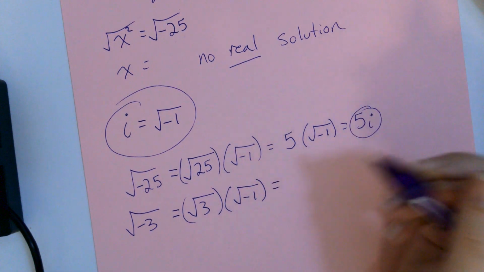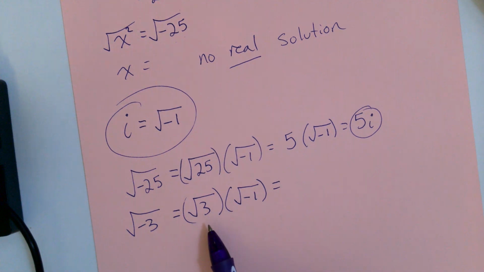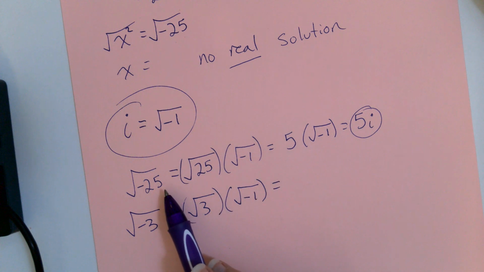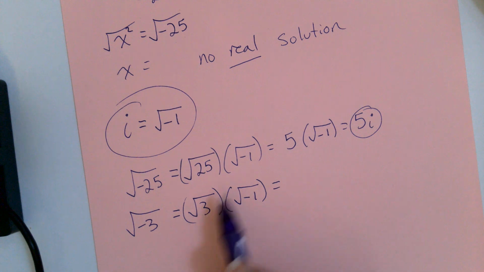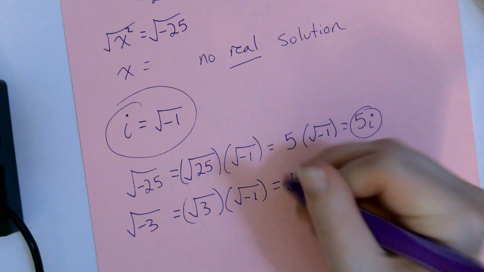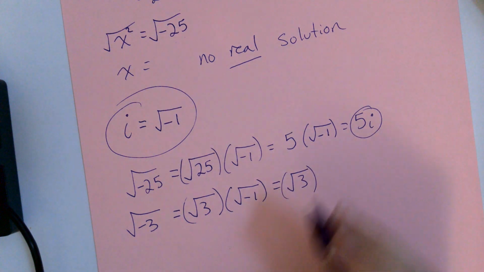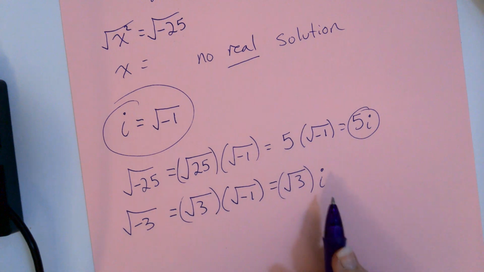Now we can't really simplify the square root of 3. That's an irrational number. Up here, we could simplify it into 5. The square root of 25 was 5. But the square root of 3 isn't a whole number. So we're just going to leave it as the square root of 3. And then the square root of negative 1 is i. So that's the square root of 3 times i.